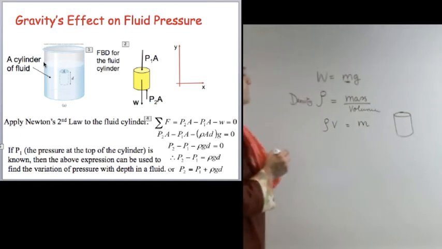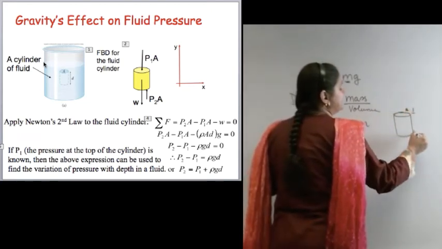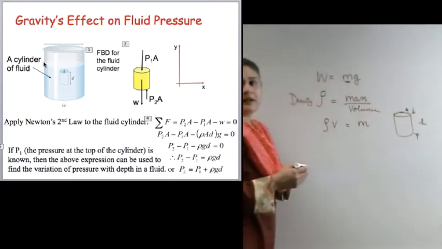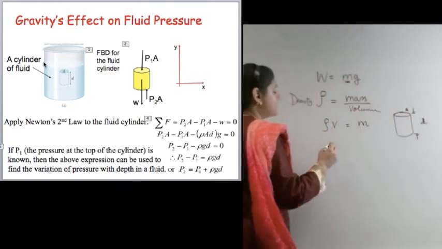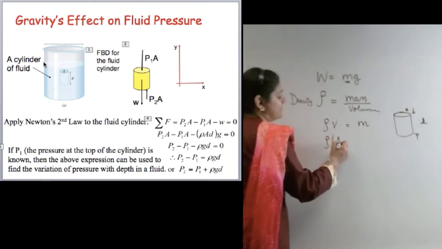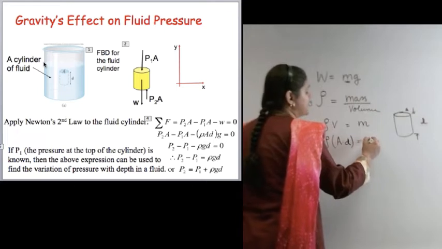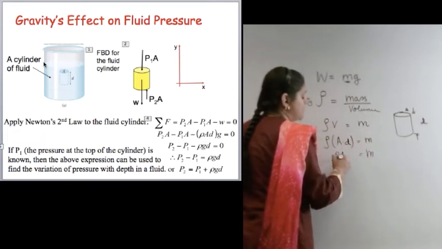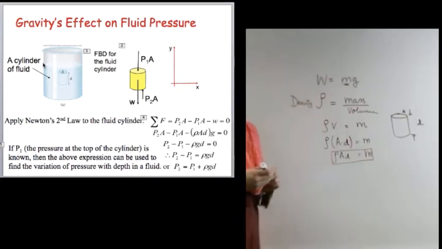The cylinder is going to look like this. It's going to have a particular area and a particular height. I'm going to call this H. I think in there we call it D, so I'm just going to call it D. So it's going to be rho times volume, which is area times D, the depth, equals m. So m can always be written as rho A D, as we did in that expression over there.